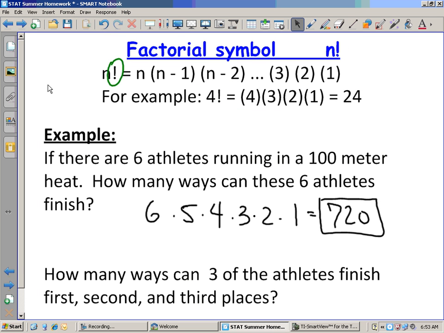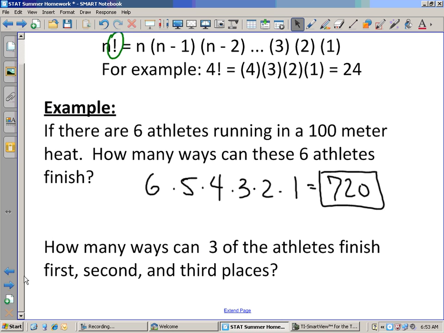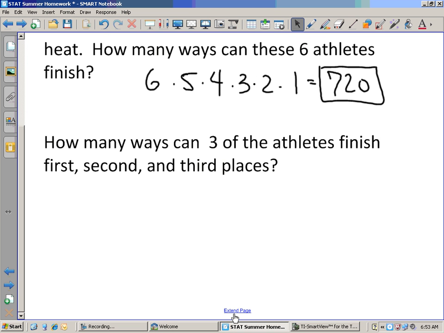Okay, next question, which leads us into more about permutations and how to use it in more situations. How many ways can 3 of the athletes finish first, second, and third places? Now, if I only care about the first, second, and third, and I don't really care about the others, then I'm looking at 6 times 5 times 4 times 3 times 2 times 1 divided by, now I don't care about who came in 4th, 5th, or 6th.